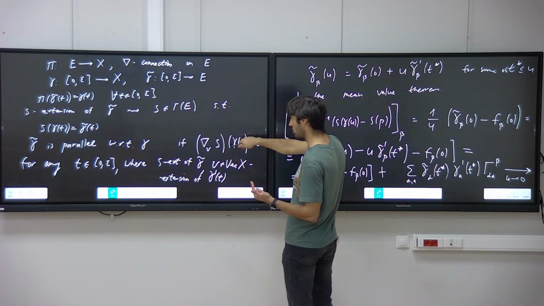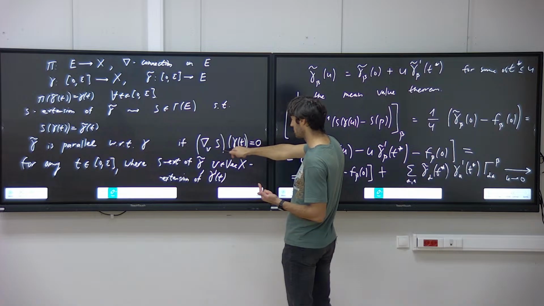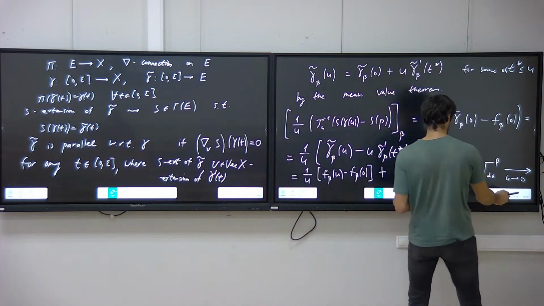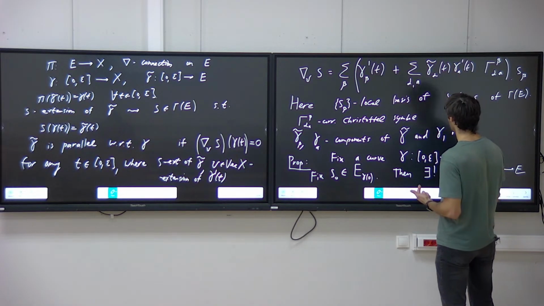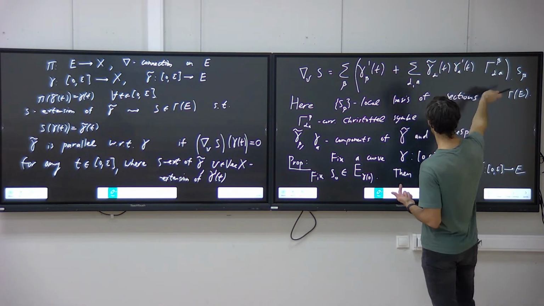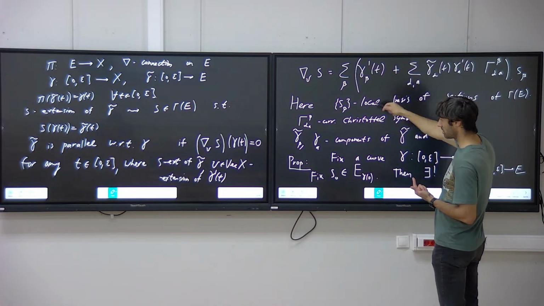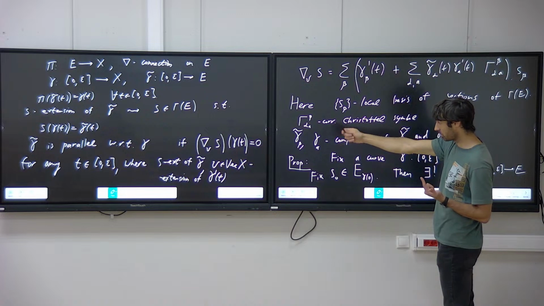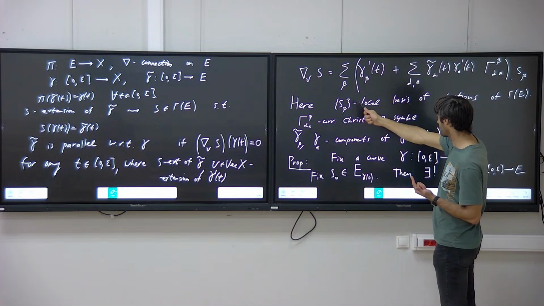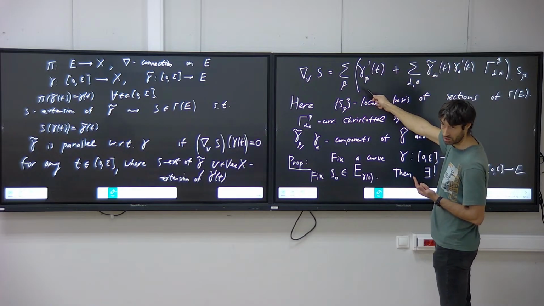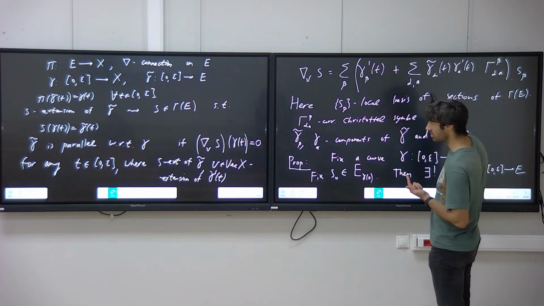Then I recall that gamma tilde is parallel with respect to gamma if such a thing happens. We had this last time, and gamma tilde being parallel with respect to gamma just means a differential equation on the components of gamma tilde, which goes to 0.